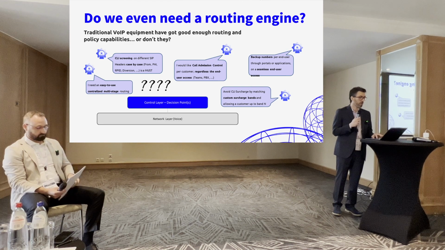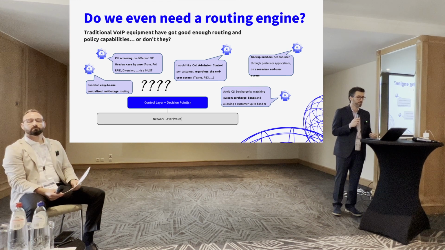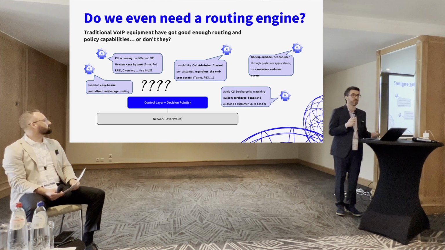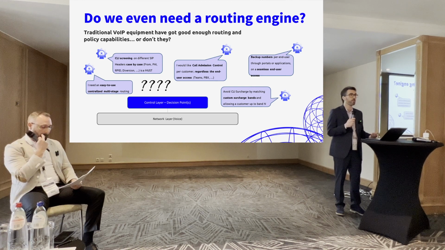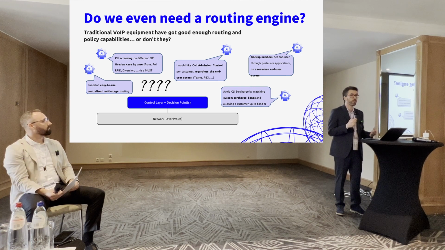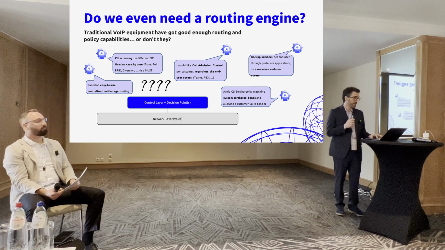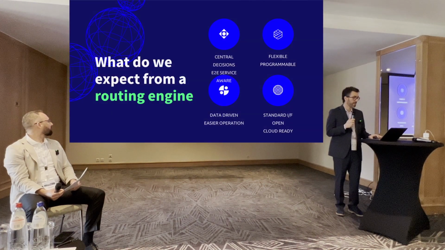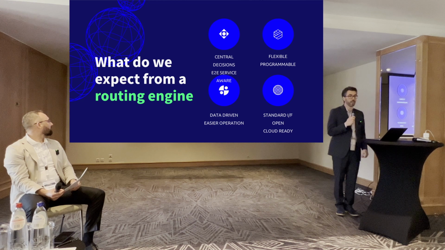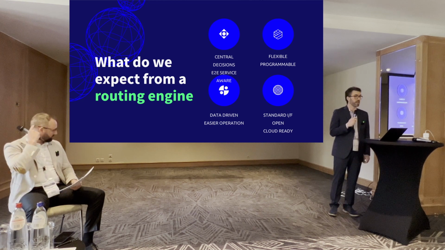So all in all, you might have mapped these features somehow on your equipment, but chances are that at some point you find a limiting point in your network, which would require a more flexible layer, so to speak. And that's one of the things we expect from a modern routing engine.